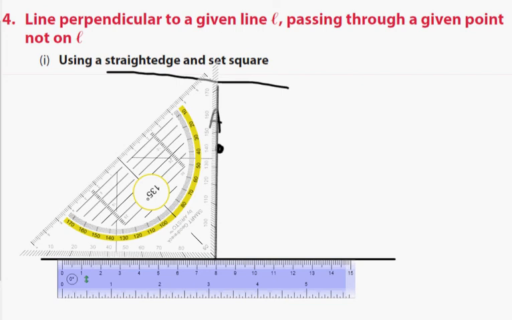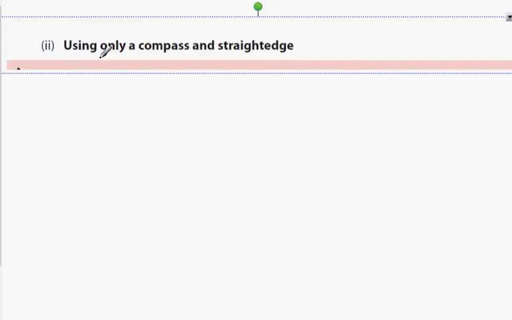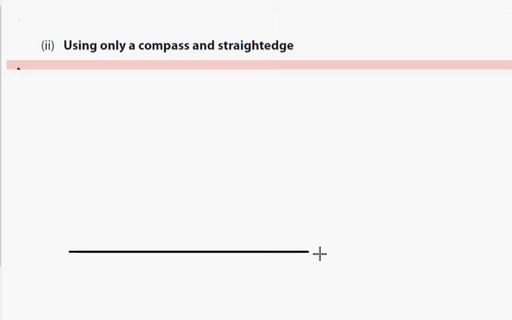Now, next one, same thing, except this time you're only allowed using a compass and a straight edge only. Okay? So an example would be this. Point C. What you need to do is you need to get a line that goes straight through C, straight through the other line.